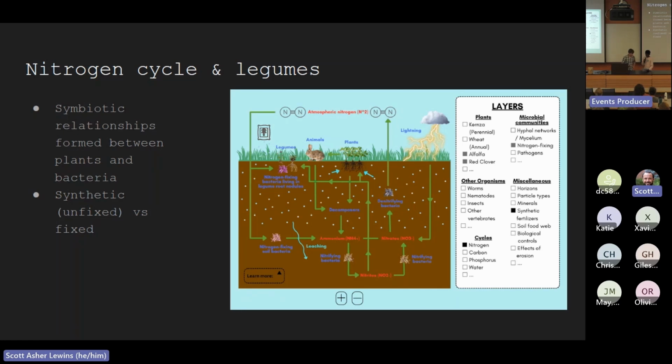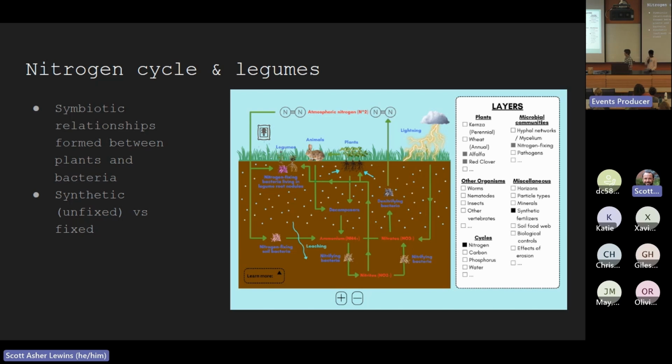The nitrogen cycle is crucial for maintaining a productive and healthy ecosystem, and nitrogen is a very important nutrient for plants. However, not all forms of nitrogen are usable by plants. For example, atmospheric nitrogen, and this is where nitrogen fixing plants come in.